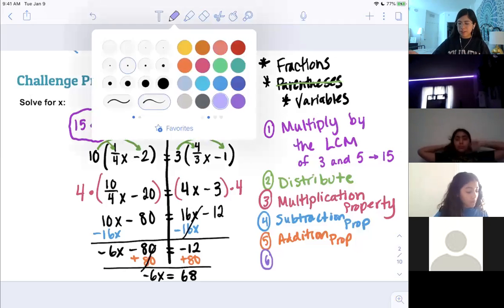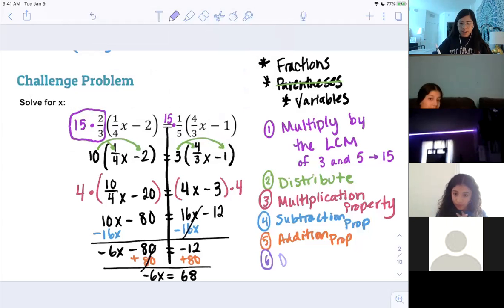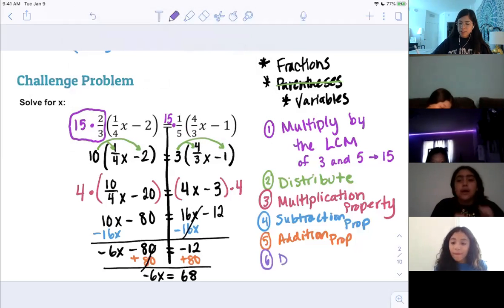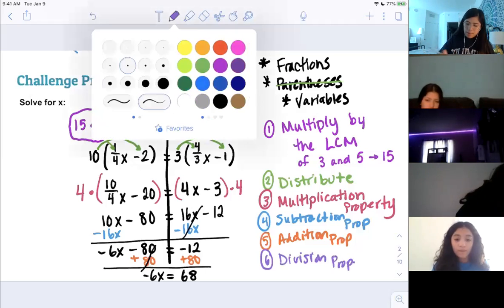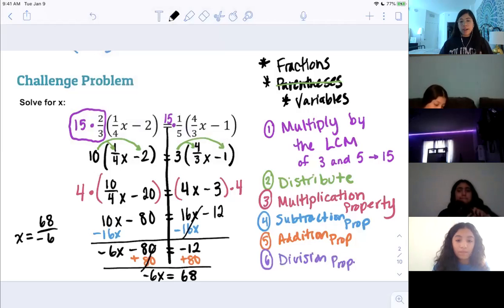Rewriting it? Divide by 6. Exactly, dividing by not just 6, but -6. All right, so when I divide by -6, I'll write my final answer on the left. I get x equals 68 over -6, but I can simplify that.